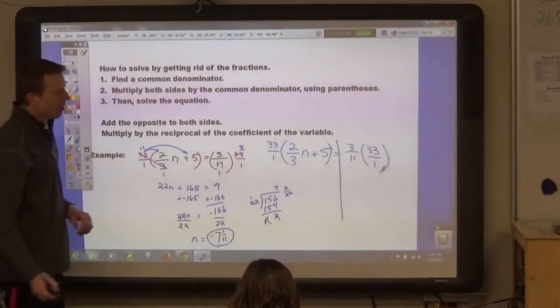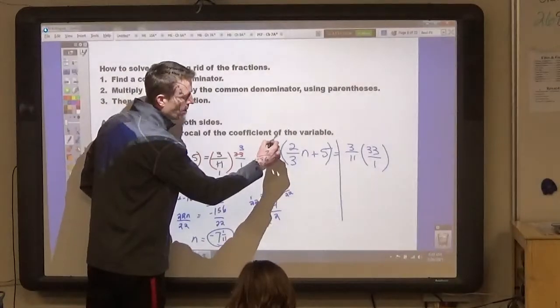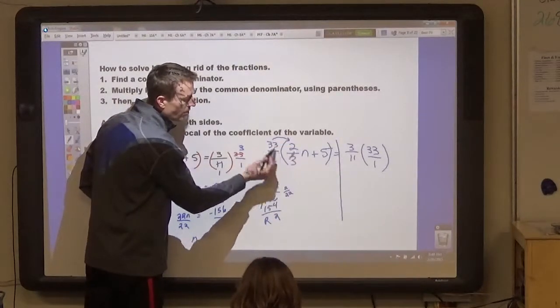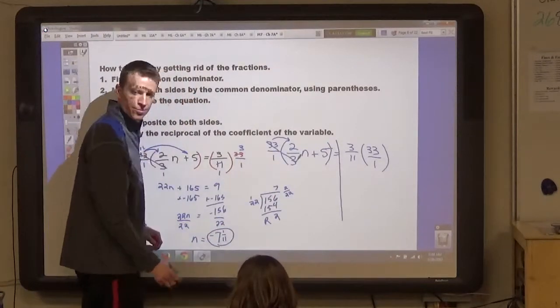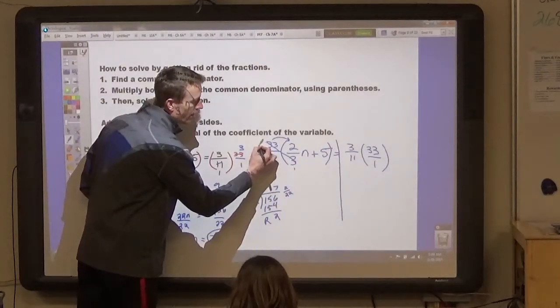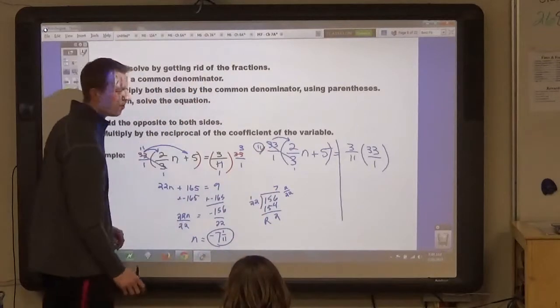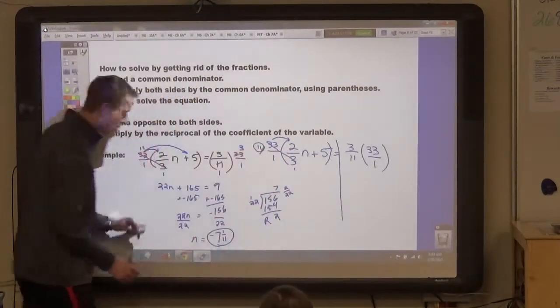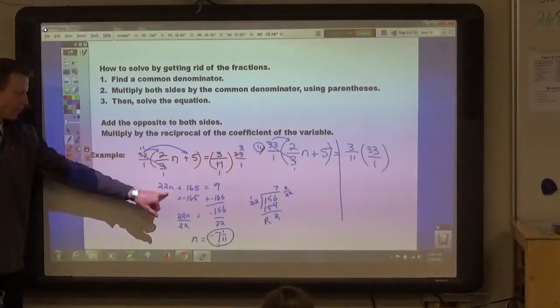Okay? Now, when we multiply 33 times 2/3, notice that you can reduce this to 1 and 11. Right? 11 times 2 is 22n. That's where this came from.